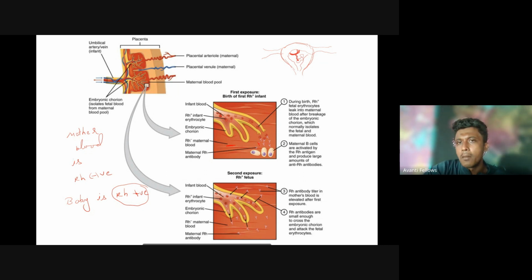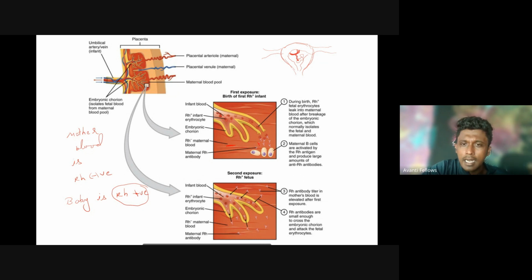So what we have to remember is, when does this condition happen? The condition occurs when mother has RH negative blood and the baby has RH positive blood. This is the key thing that you have to keep in your mind. Second thing, what happens here? When mother is RH negative and the baby is RH positive, the mother who does not have this RH antigen, once she gets introduced to baby's blood, the body of the mother starts thinking that the RH positive blood of the baby is an enemy or an antigen, because positive means they have RH antigens.